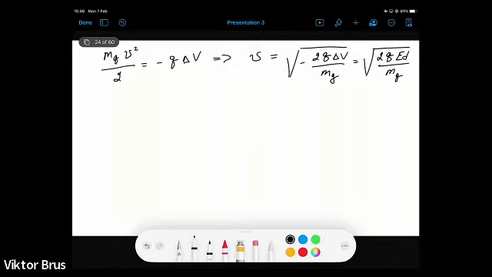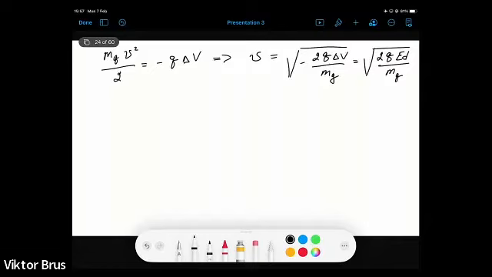So here we see the expression for the speed, and it is clear that the stronger the electric field between these plates, the larger the electric charge, and the larger the distance it traveled between points A and B, all of that will result in larger speed.